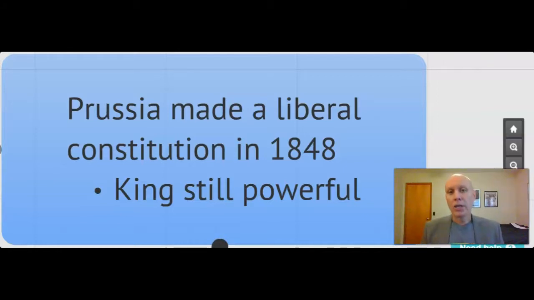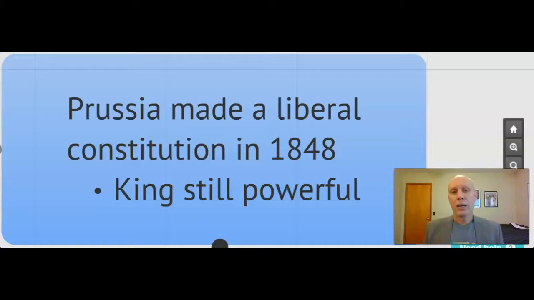Now, talking about the mid-1800s, 1848 was kind of a weird year in Europe. There were a lot of uprisings, kind of government overthrow attempts, and one of the things that happened in a lot of different countries, and it really varied from country to country, was steps were taken to try to bring about order. And in Prussia, what ultimately came of the 1848-1849 uprising phase was putting together a liberal constitution.